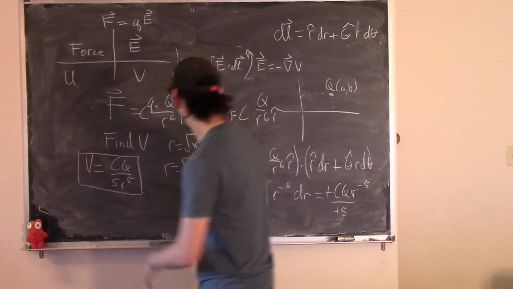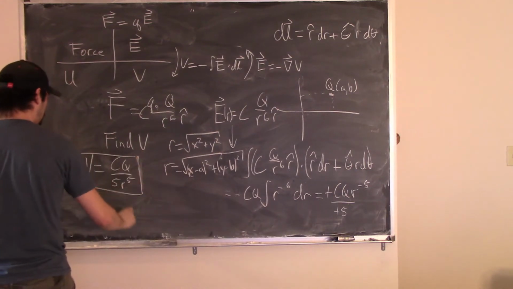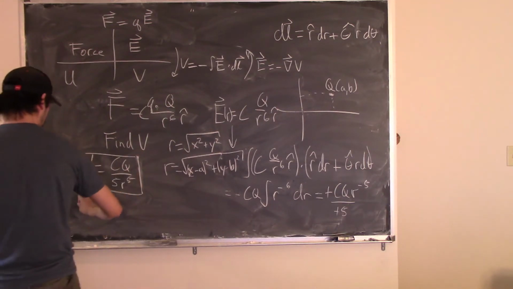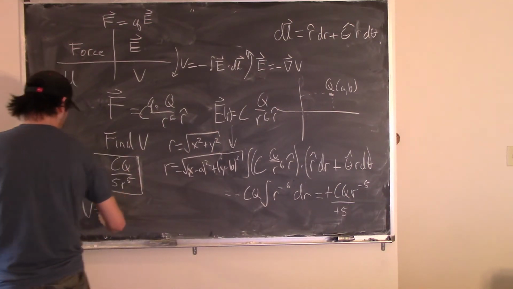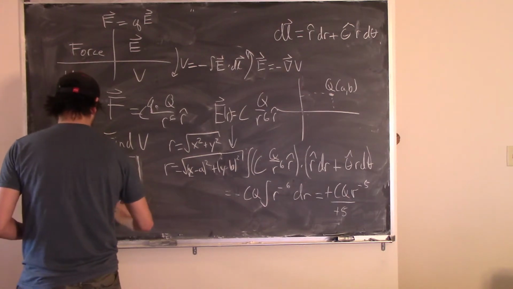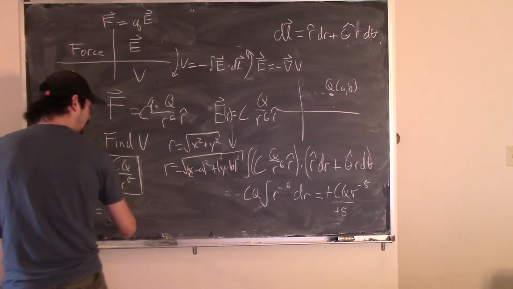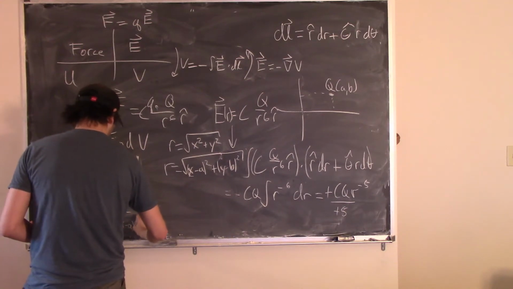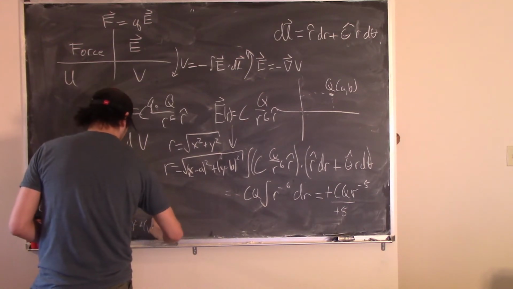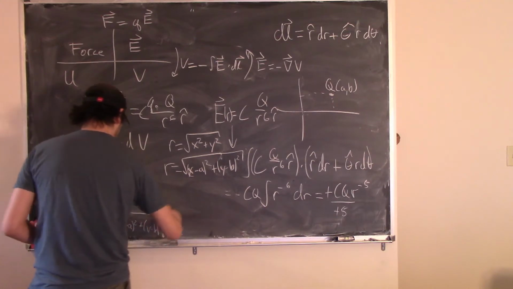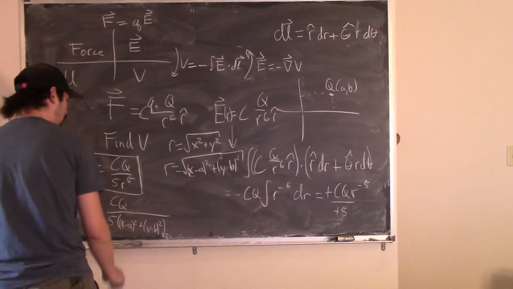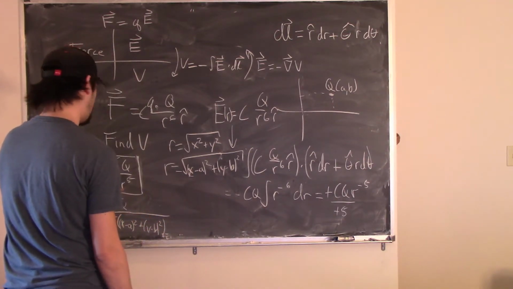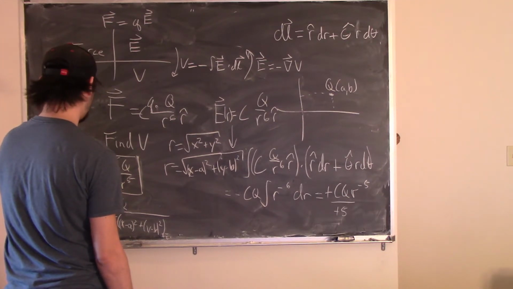And so the final answer is going to be, I'll just leave that here. V is equal to CQ divided by 5 times (x minus a) quantity squared plus (y minus b) quantity squared, to the 5 halves.